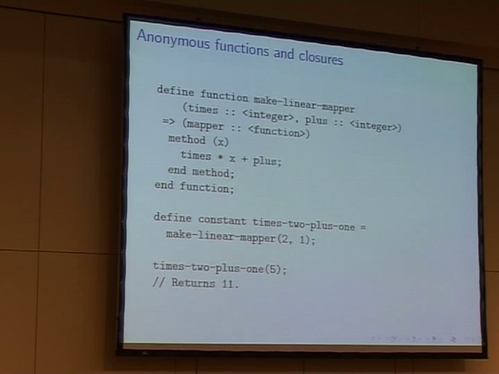Anonymous functions are one feature. You don't have to name a function, but you can create a function on the fly using the method statement. So the function on top is actually a function returning a function. If you look at the function body, it returns a function which does a little computation and accepts an argument x.